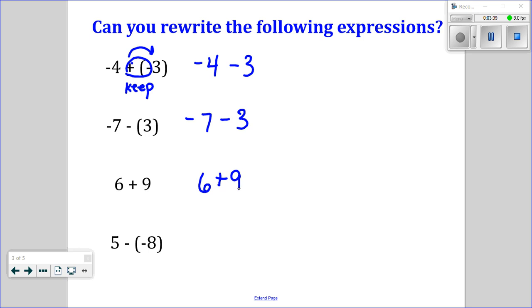In the last one, I see two signs next to each other, so I must resolve the conflict. The minus sign tells me to take the opposite of the sign that comes after it. So I keep the 5. The opposite of negative 8 is positive 8. And now my conflict is resolved.